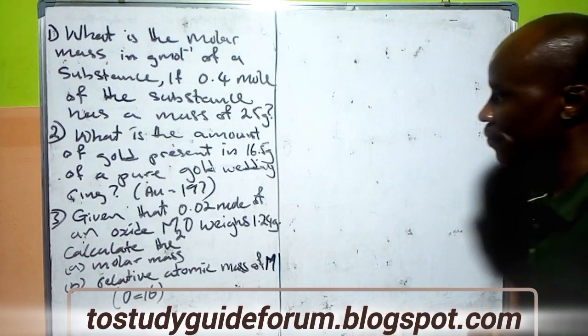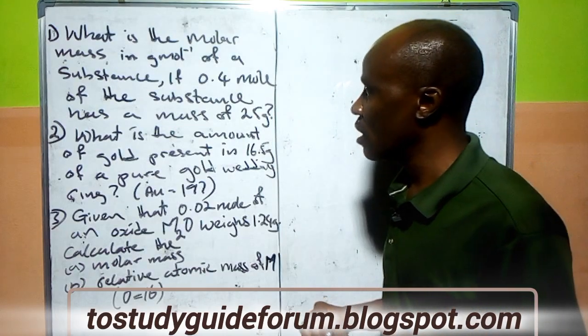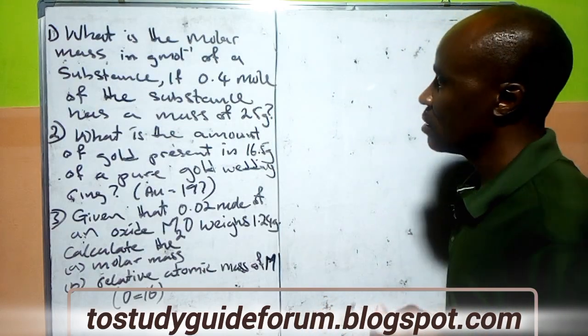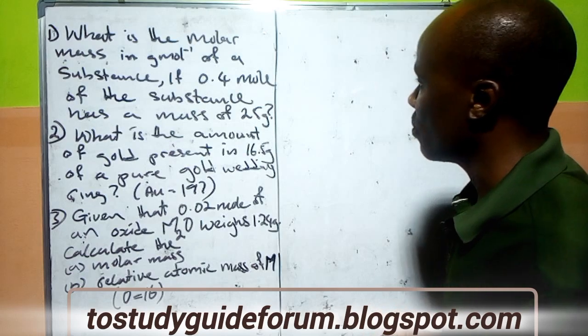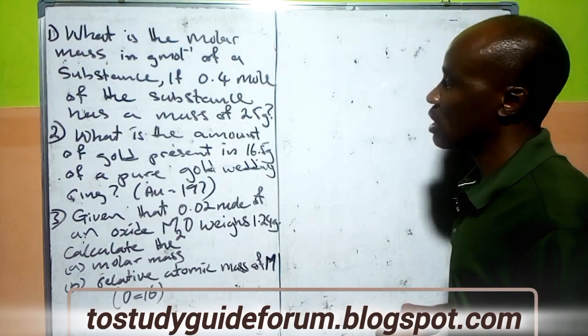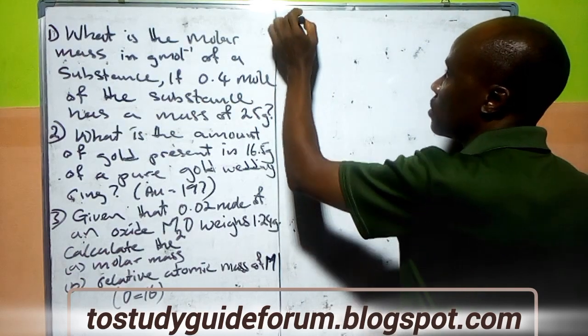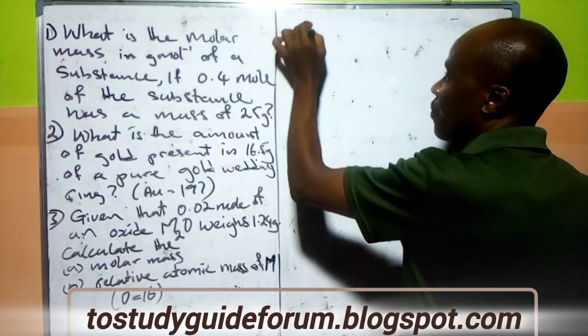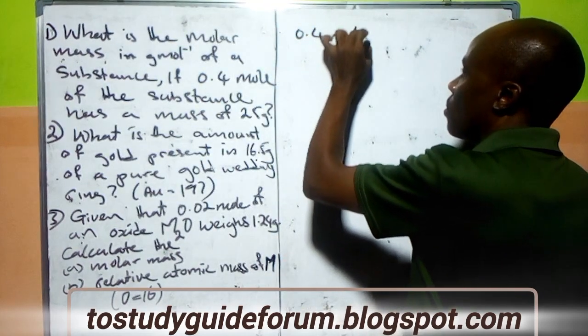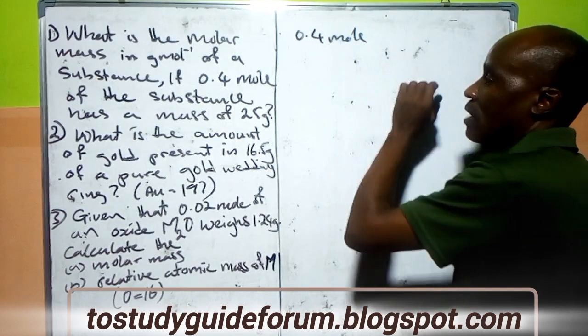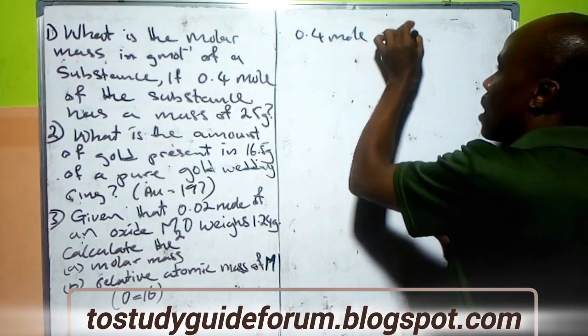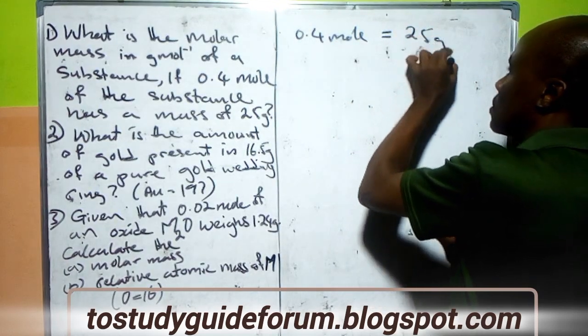So the first method I'm going to use here is comparing. The statement said that 0.4 mole of that substance contains this mass.